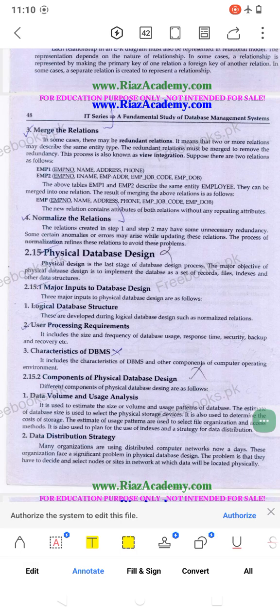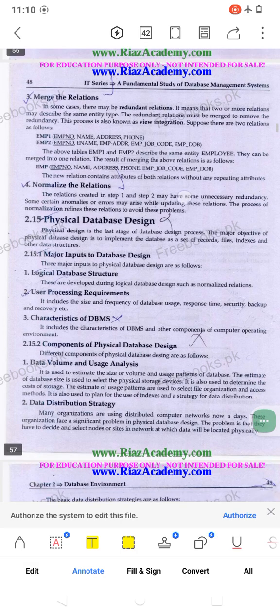Merge the relationship means we have to define a single entity with multiple attributes. If a user needs a query about employee 1 or employee 2, it may differ, but we can apply constraints on the query to exclude or include the data from the table easily.